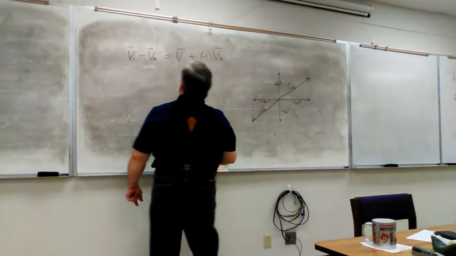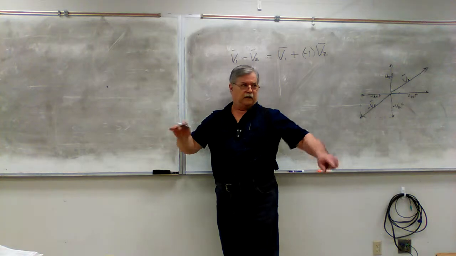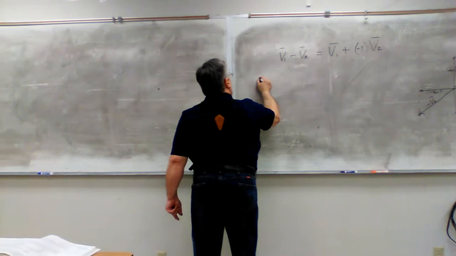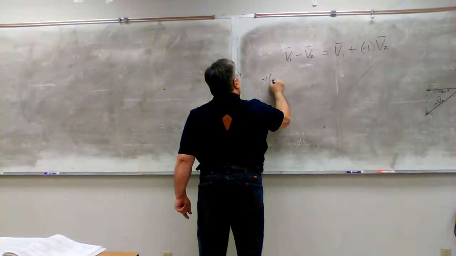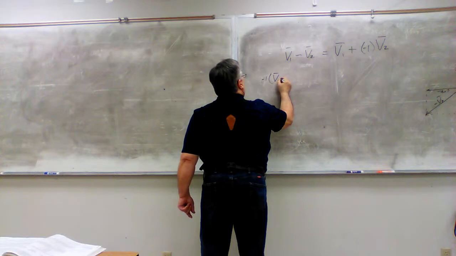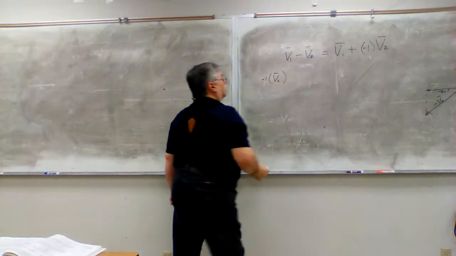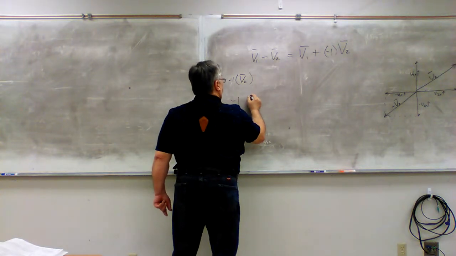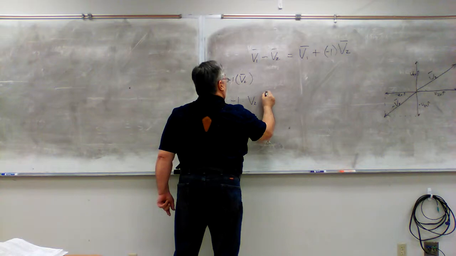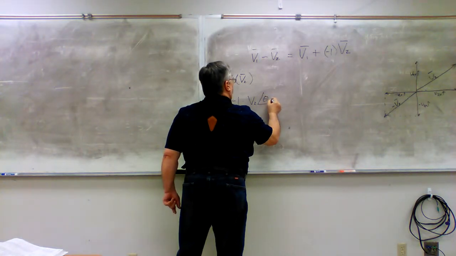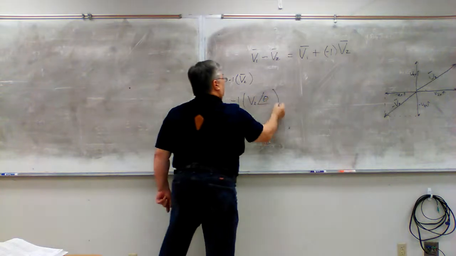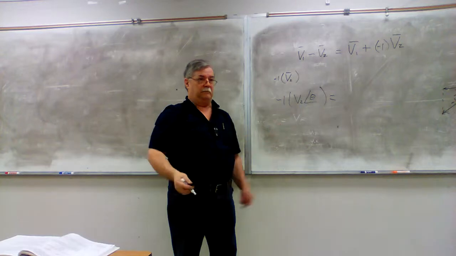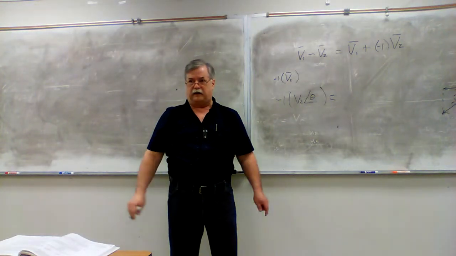Strictly speaking, and I'm not advocating this, don't look for this rule in the book, but if you were going to multiply in polar form, you'd be saying minus 1 times v2 at an angle of theta. Intuitively you would think that would be minus v2 at an angle of theta.